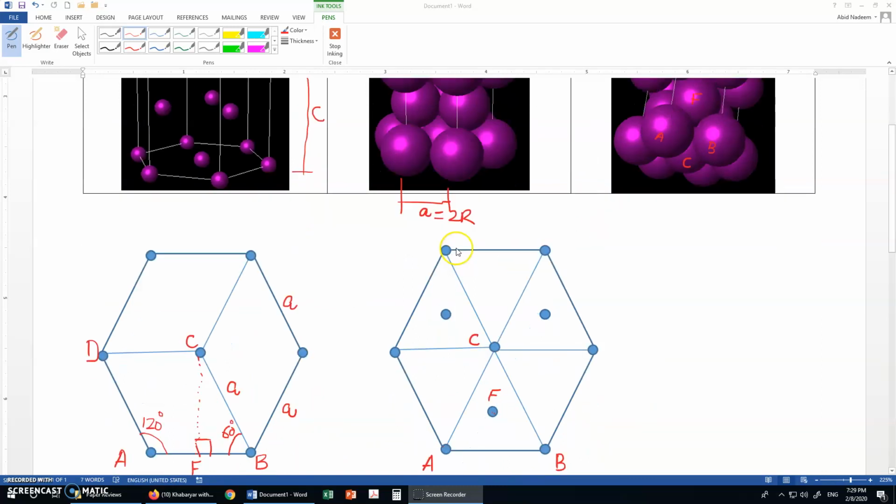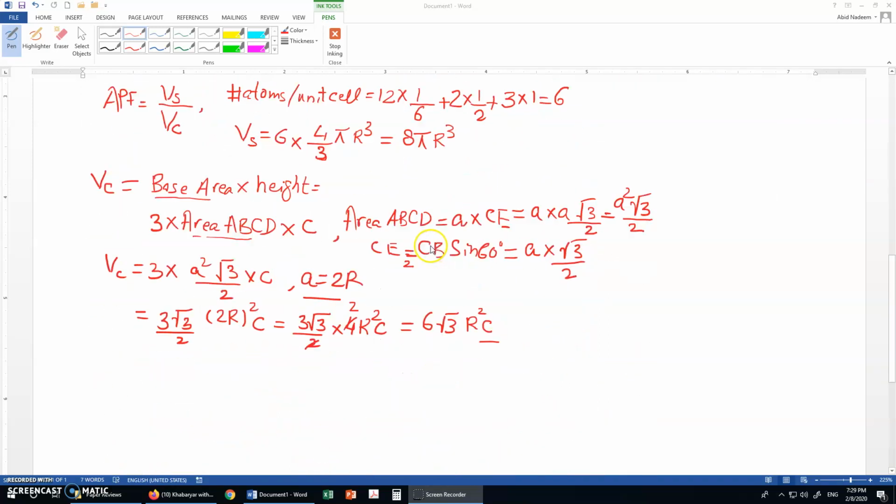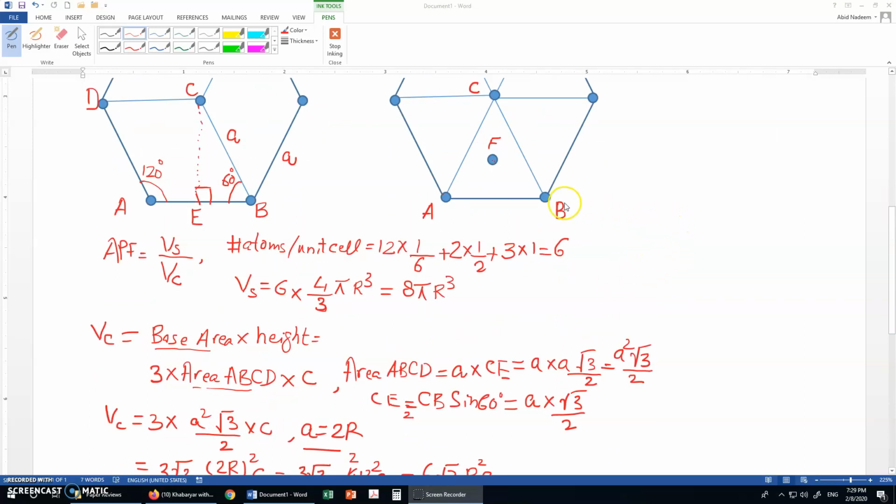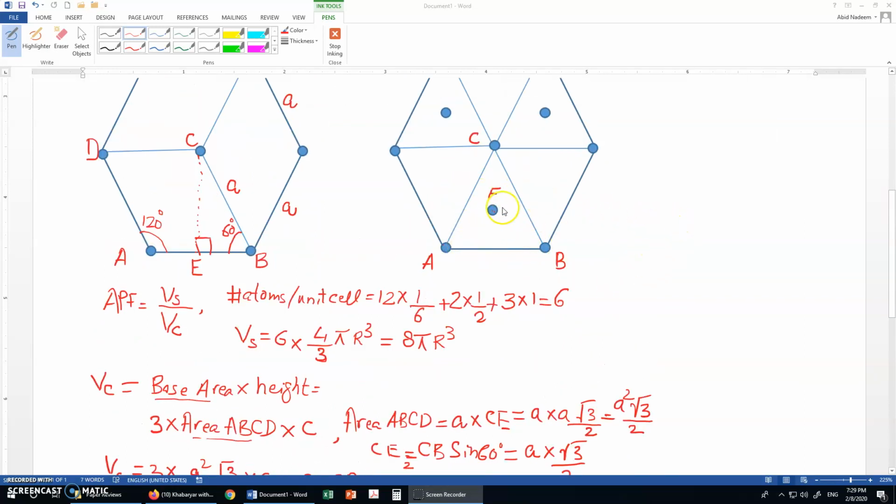Now I draw another triangle. In relation to this figure, I draw a triangle with the base, the height and the diagonal.